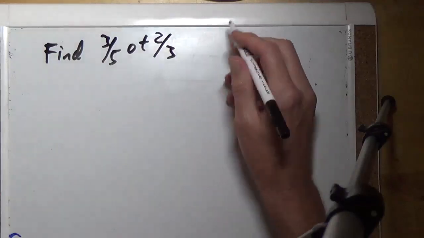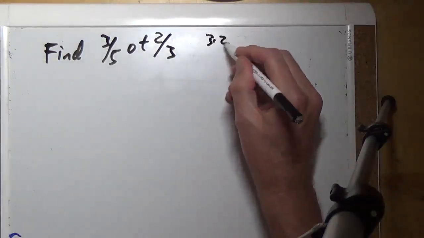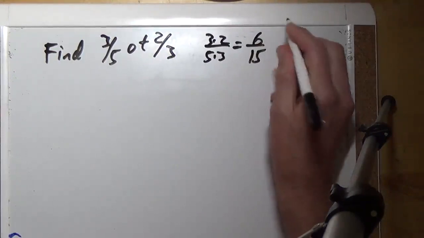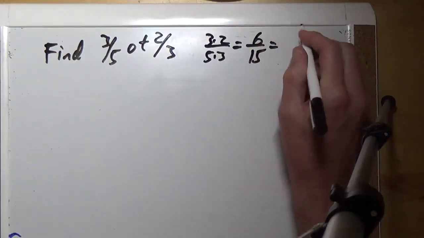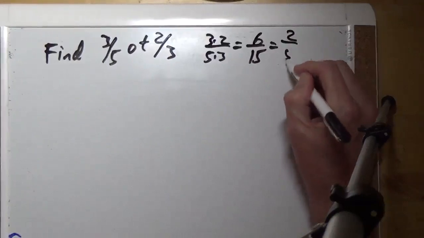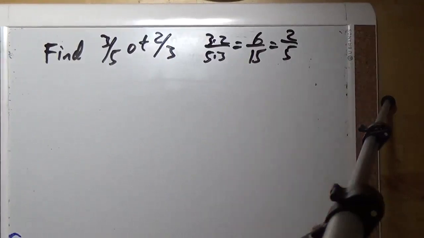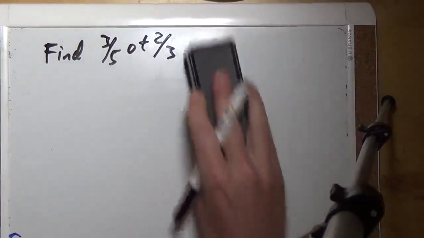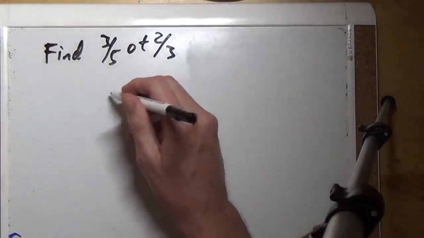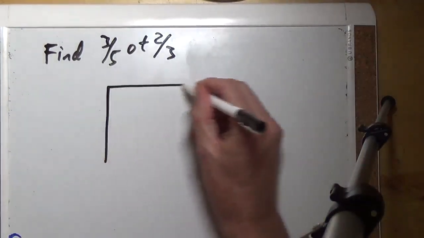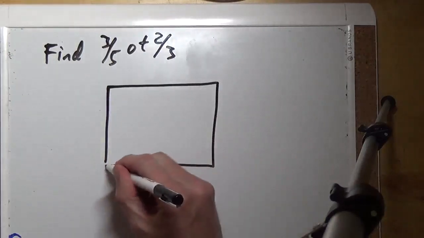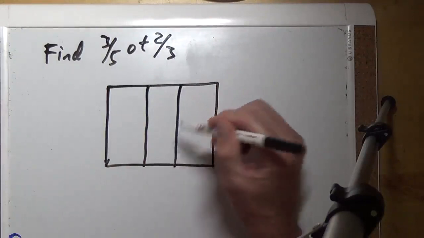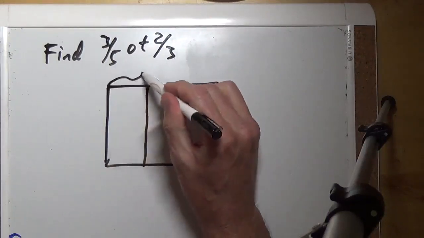And in this class you don't get to just multiply, you don't get to just do this and say, oh, it's 6/15, or even reduce it to 2/5. That's not what this class is about. This class is now, we're going to take our whole, I'm going to divide it into thirds, because I want this.